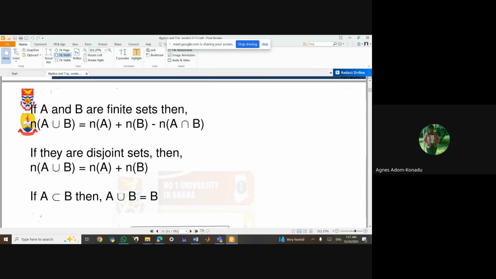It says that if A and B are finite sets, you know what finite is? Then the number of elements in A union B is equal to the number of elements in A plus the number of elements in B minus the number of elements in A intersection B. So that is that.